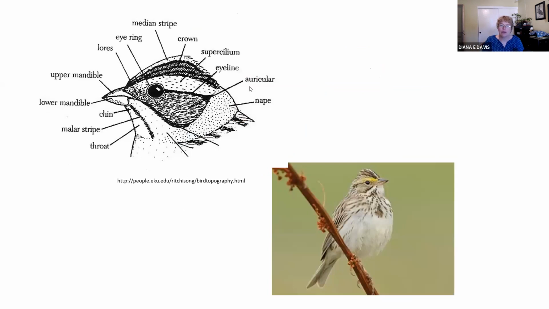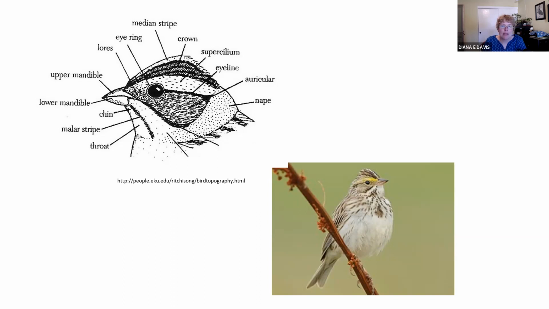Now, don't freak out about this image. It's another image. This is a headshot. The terms that are on here, don't worry about those. We're just looking closer at the head of a bird. So again, we have a throat. There is a malar stripe. Remember, we talked about the malar region.